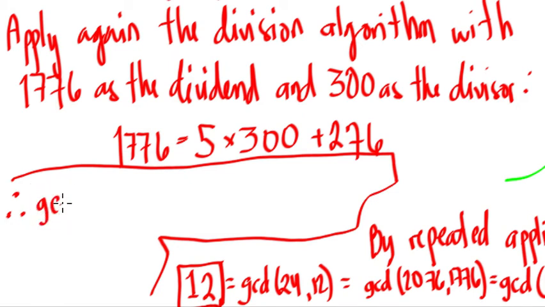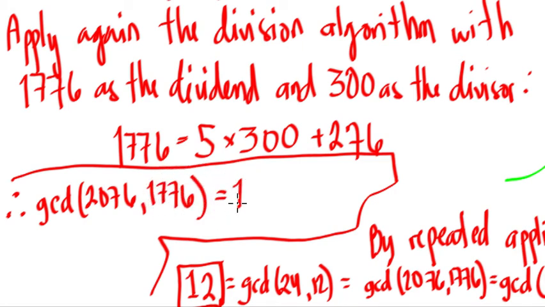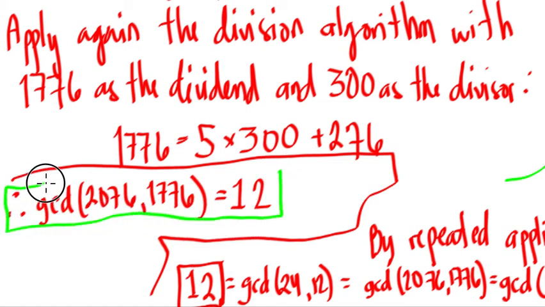Therefore, the GCD of 2076 and 1776 is equal to 12. And this is our answer for the second number, 12.